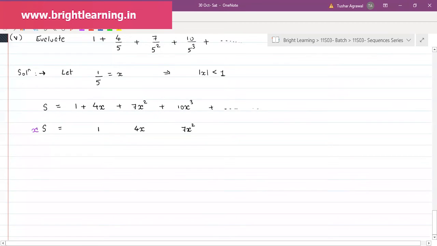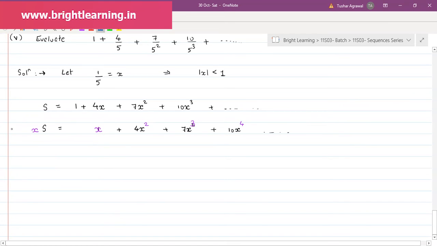I will do x multiplied by S. Now this becomes x plus 4x square plus 7x cube plus 10x to the power 4 and so on. Do the subtraction.